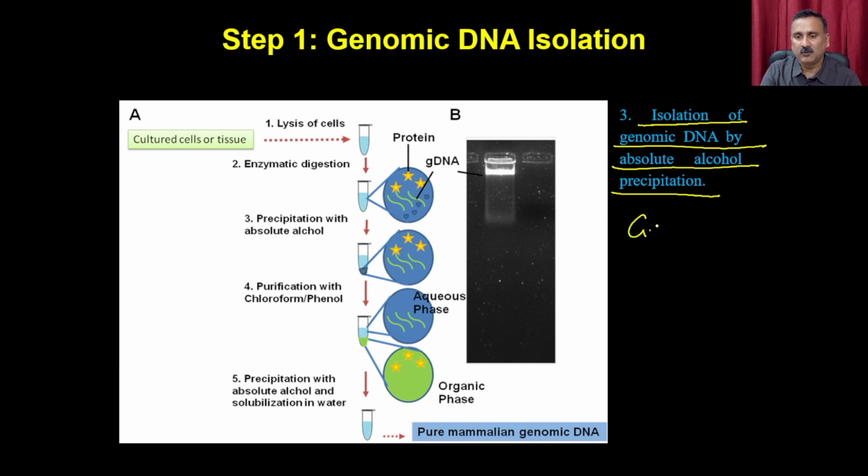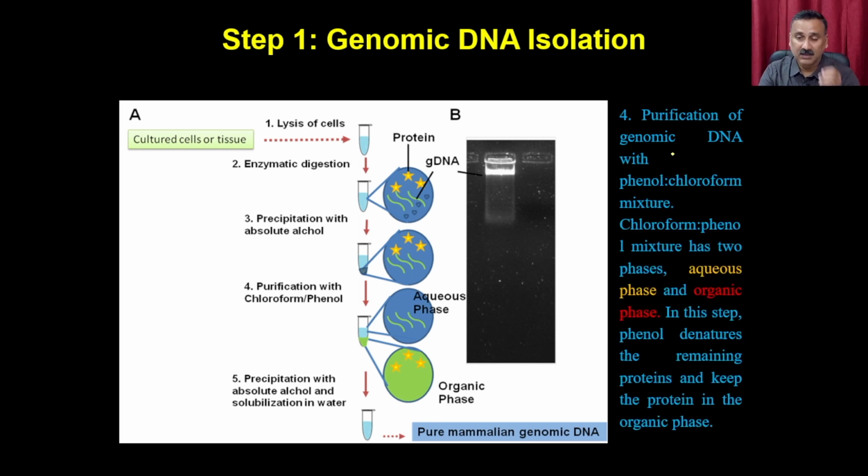But along with the genomic DNA, it is also going to carry a small amount of proteins, a small amount of lipids, and a small amount of RNA, especially the messenger RNA. So, these have to be gotten rid of. In the next step, you are going to purify the genomic DNA with the help of the phenol chloroform isoamyl mixture.